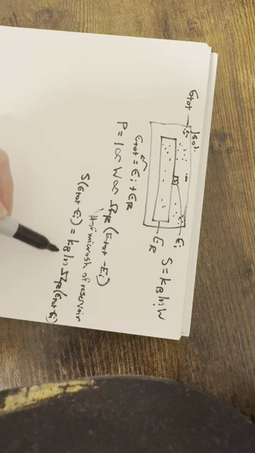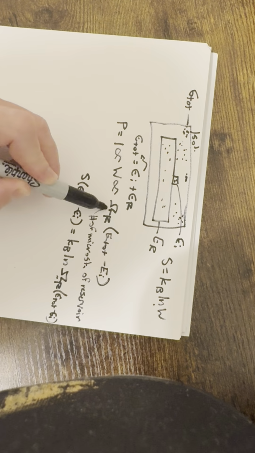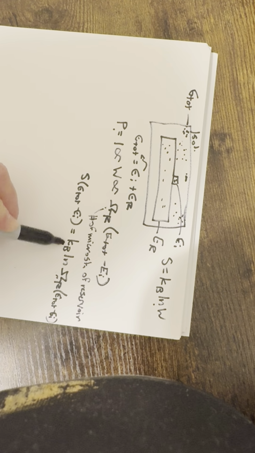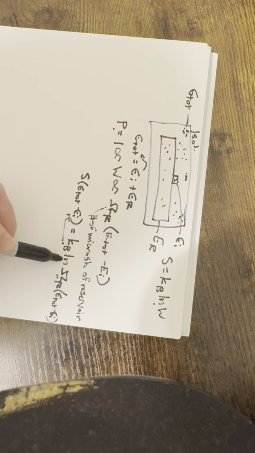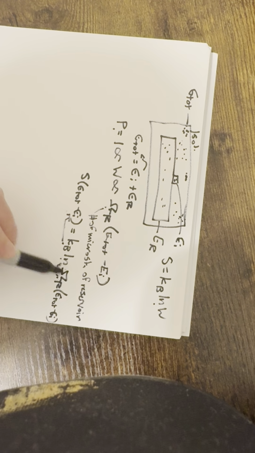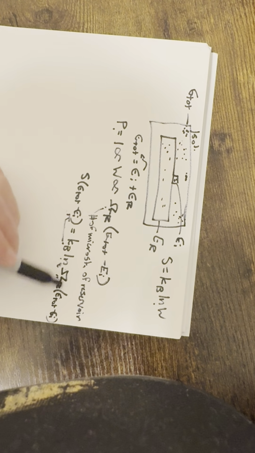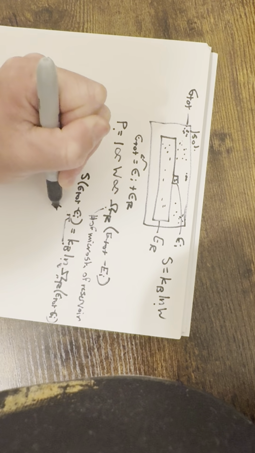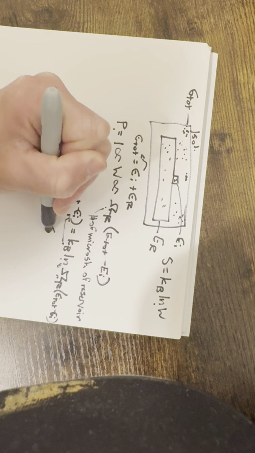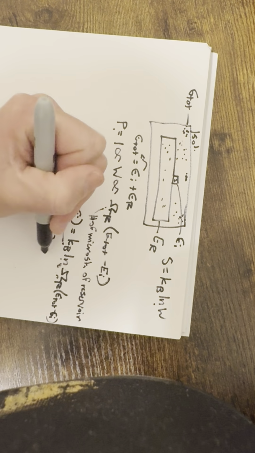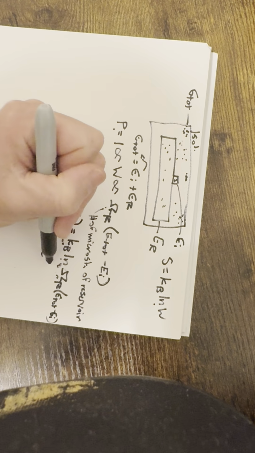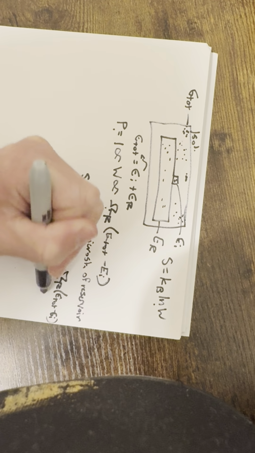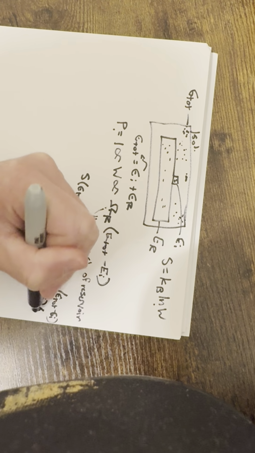Now we want to get this in terms of omega R, so we can plug it in equal to P. So we'll divide by KB, so that goes over there, and natural log is base E, so we'll raise E to the exponent. So it'll be omega R of E total minus EI is equal to E raised to the S, it's really SR, of E total minus EI over KB.